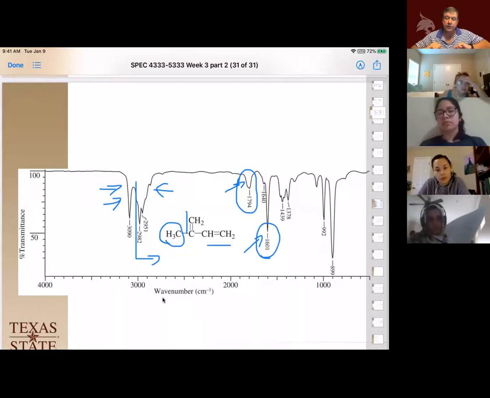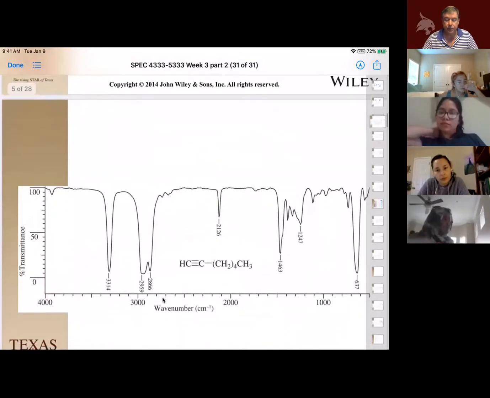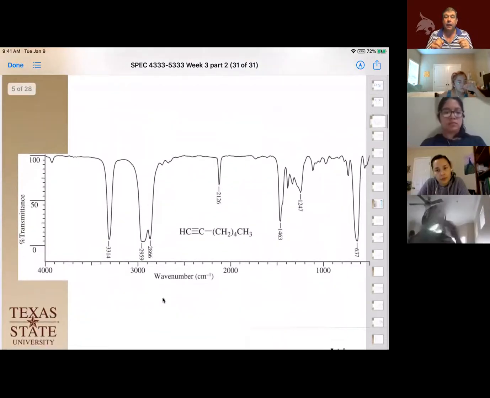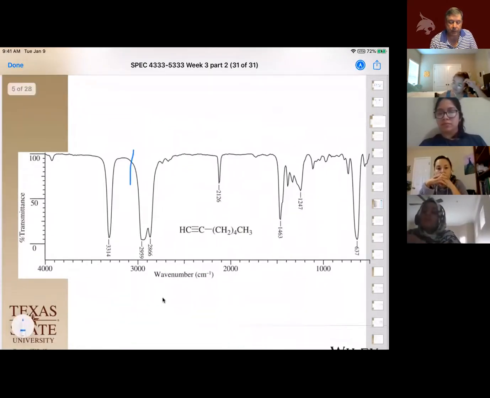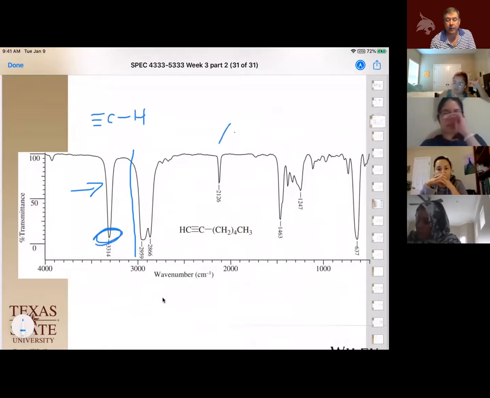Okay, so let's go from that conjugated system to our alkyne. And again, we have all the same peaks that our hydrocarbon would have with our peaks below the 3000 here, but we have now our alkynyl hydrogen, which is higher. It's the 3200 to 3300, and we have the carbon-carbon triple bond.